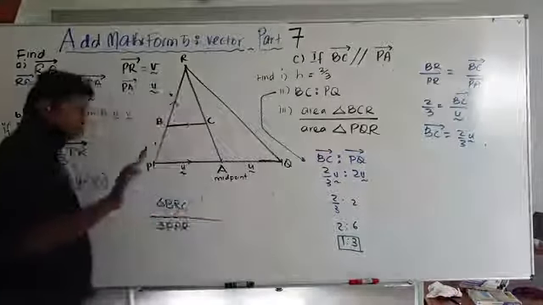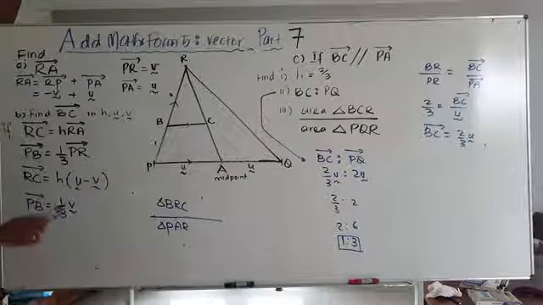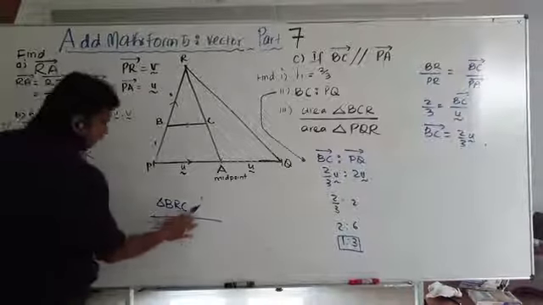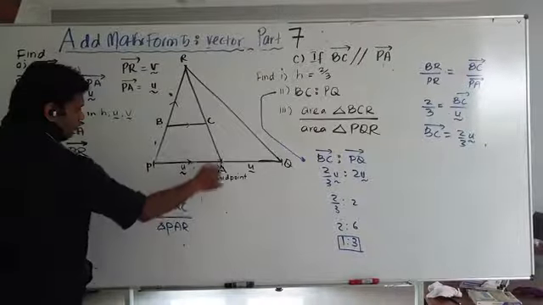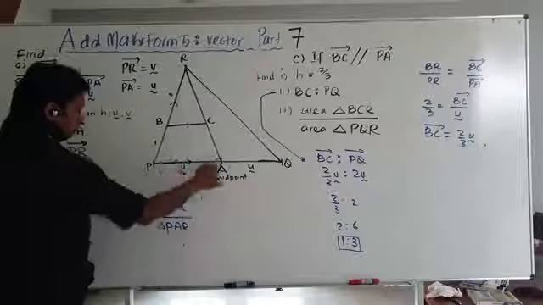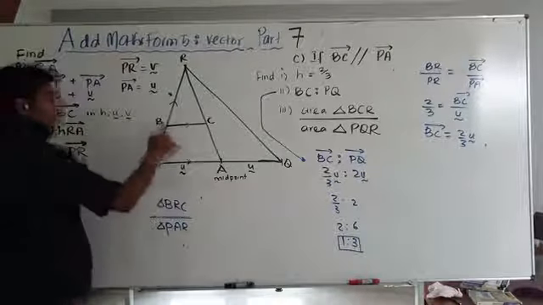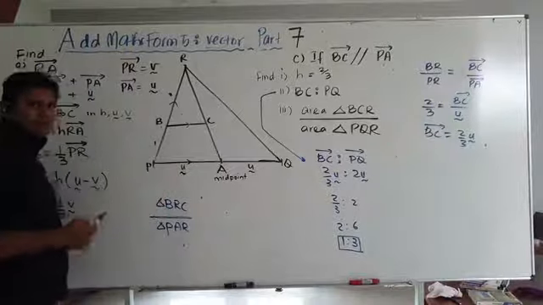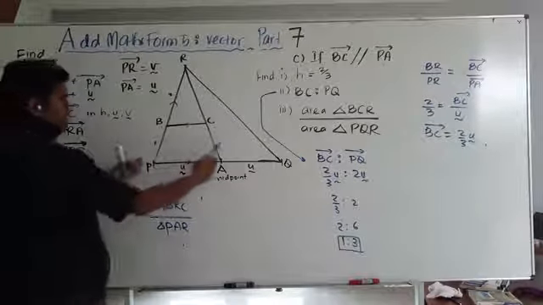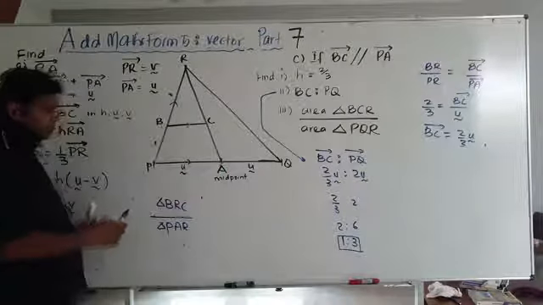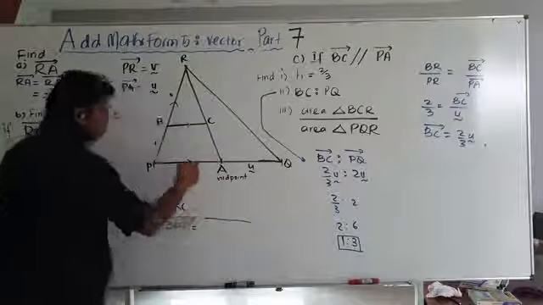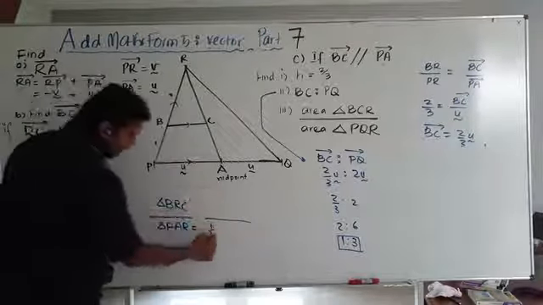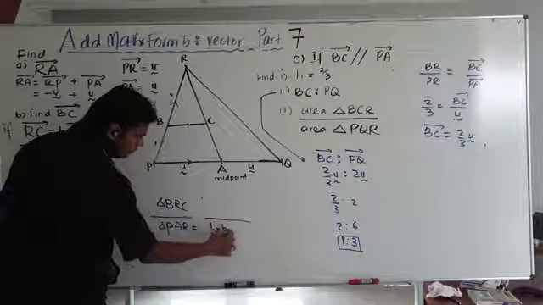Let's forget the bigger triangles. So PAR, if this value is u, this value is 2/3. So let's call this the base. The triangle here will be half times base times height.